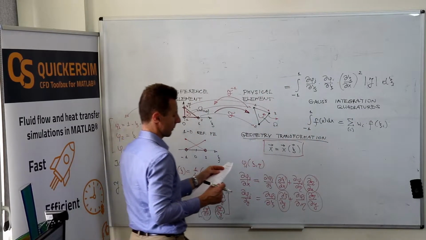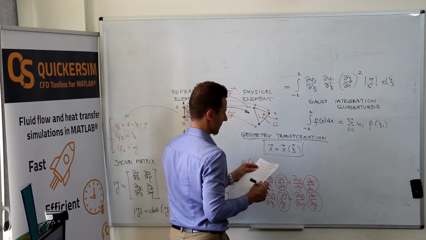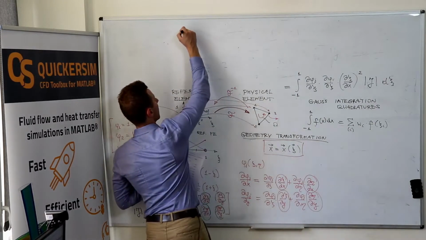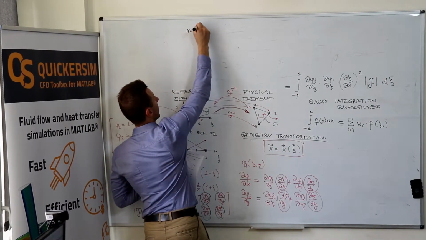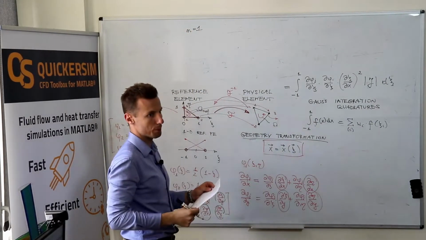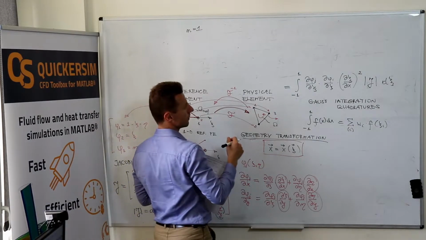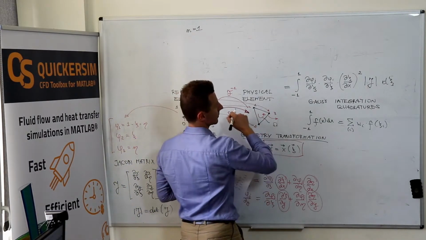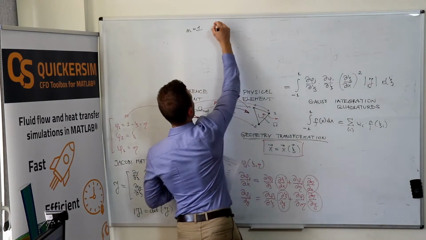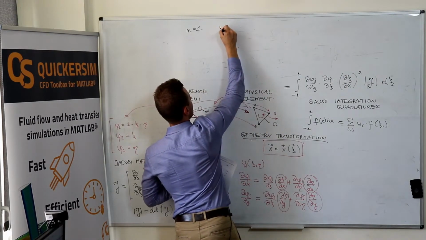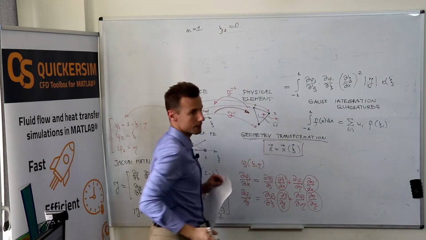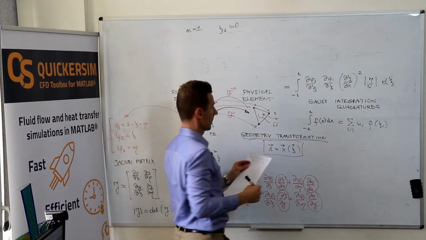Let's write a couple of them. You can have Gauss quadrature with just one point. Then xi 1 is nothing else than 0.